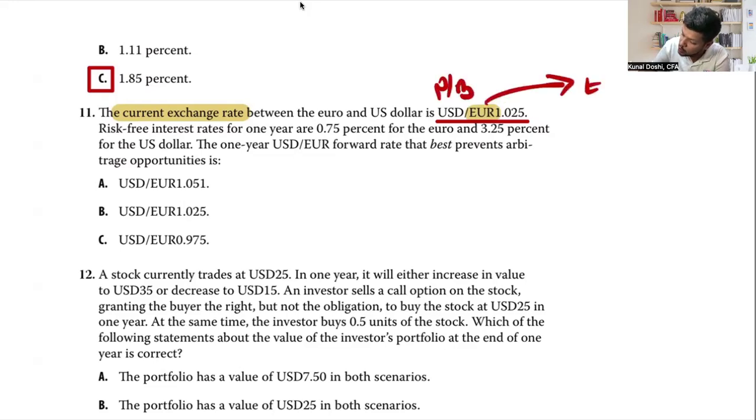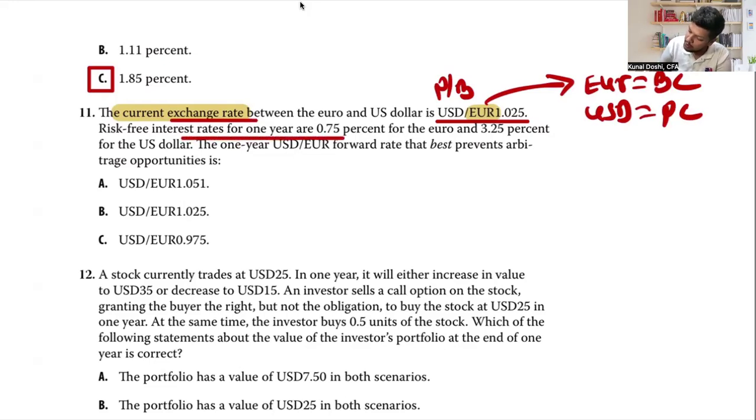So that means euro is the base currency and USD is the price currency. Okay. So this is the spot rate, correct? Current exchange rate means spot rate. Risk-free rates for 1 year are 0.75% in euro and 3.25% in dollar. 1 year US dollar euro forward rate.